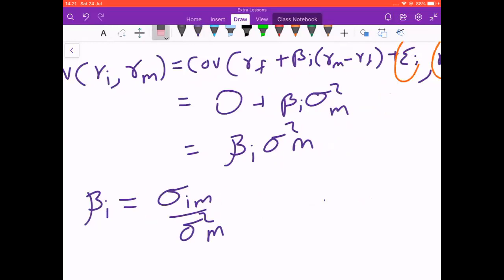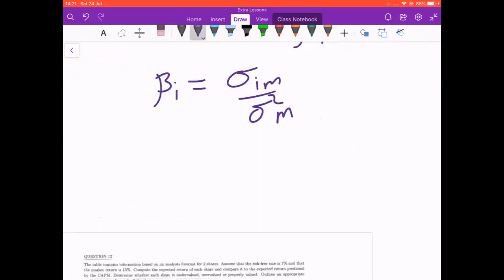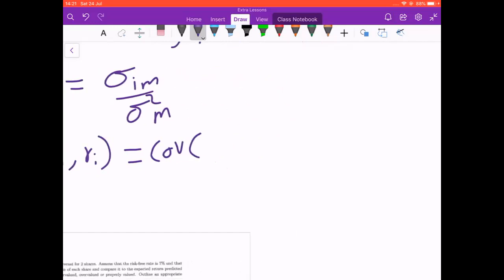There are other proofs they can ask you to do. So again, let's say maybe they want you to find the covariance of the returns of I and the returns of I, which is basically the variance of the returns of asset I. Okay, so far, do you guys understand?